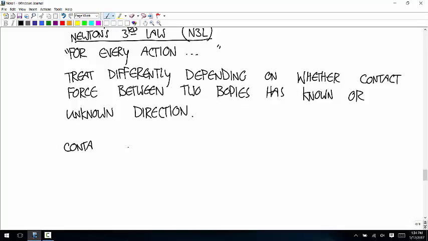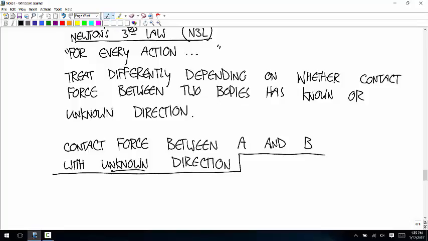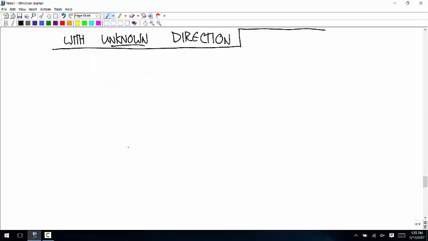So if you have a contact force between body A and B with an unknown direction, then Newton's third law says F_AB is equal to negative F_BA.